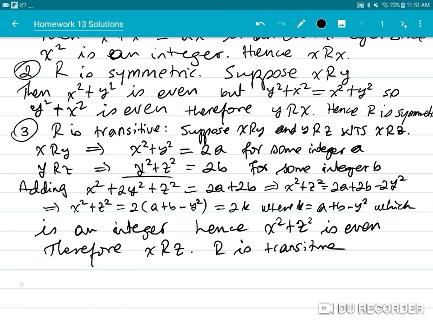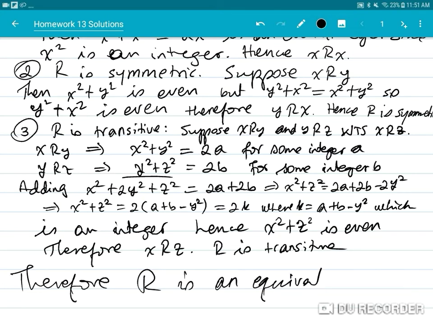So now we've proven that R is an equivalence relation.